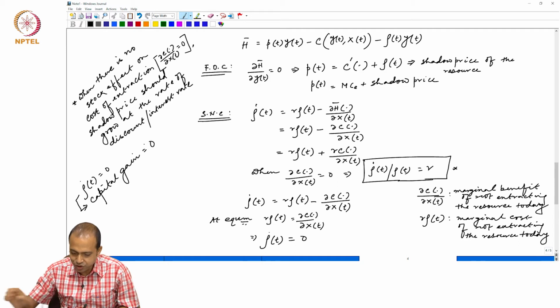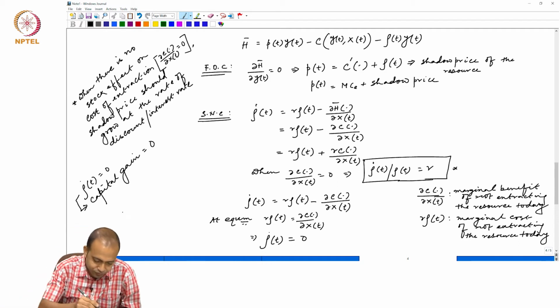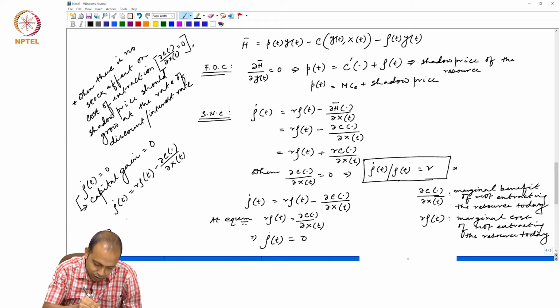So, from this equation, rho dot t equals r into rho t minus del C dot del x t. From here what I can write, rho dot t plus del C dot del x t equals r into rho t.